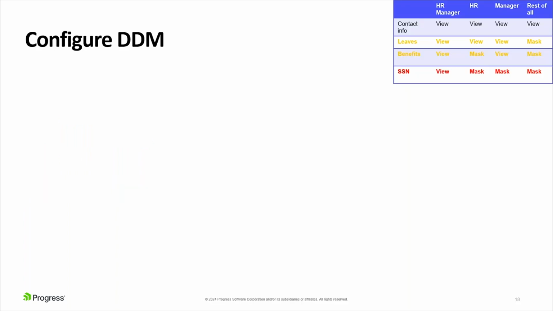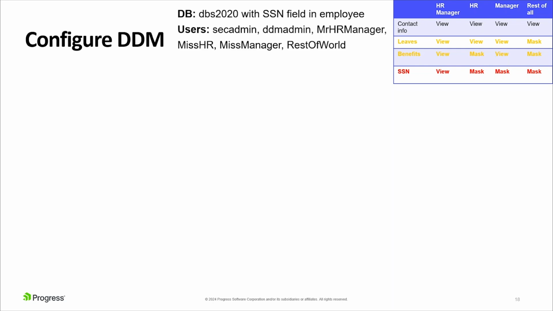So at this stage, we have completed our preparation for the employee information system. We know all the tools we need in OpenEdge 12 to configure DDM for the employee information system. Now let's start configuring it on the database. For that, we have an instance of the Sports 2020 database named DBS 2020.